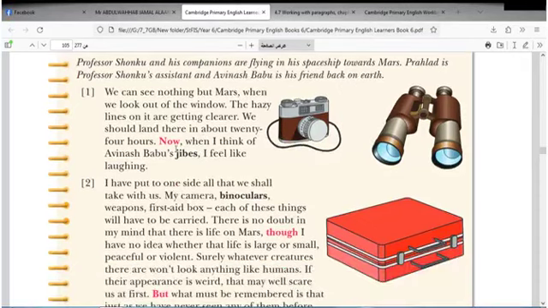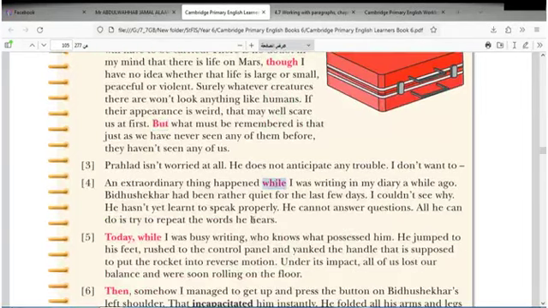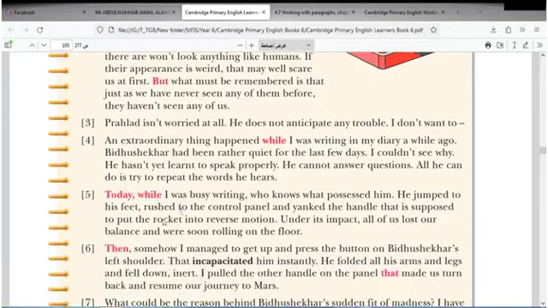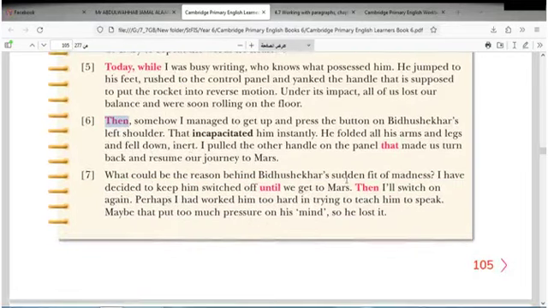If you look at these red words, these are connectives. Now, it's a time connective. Though, it's a contrasting connective. But, contrasting connective. While, sequence or time connective. Today, while, sequence or time connective. Then, sequence or time connective. That's a relative pronoun.